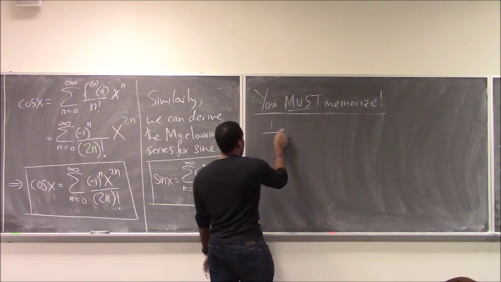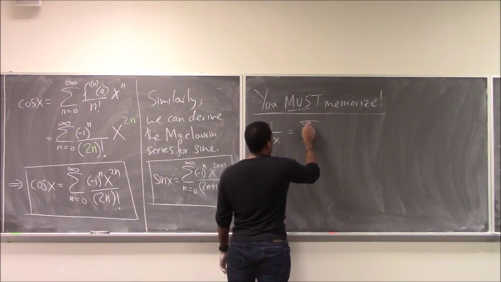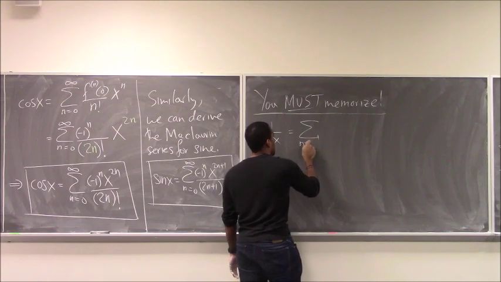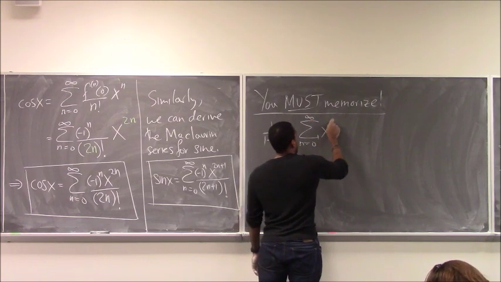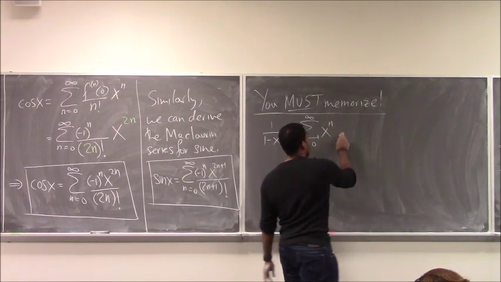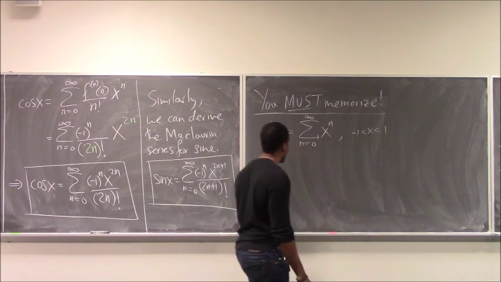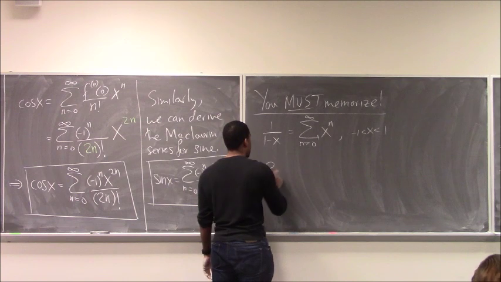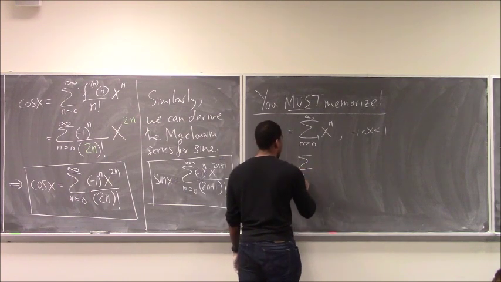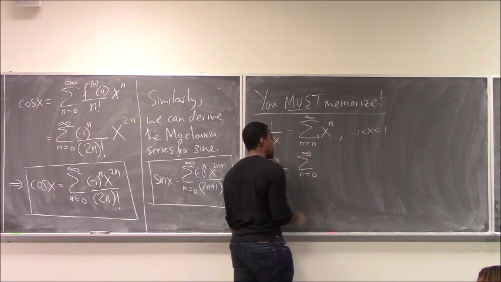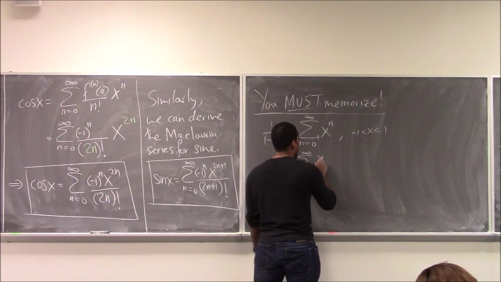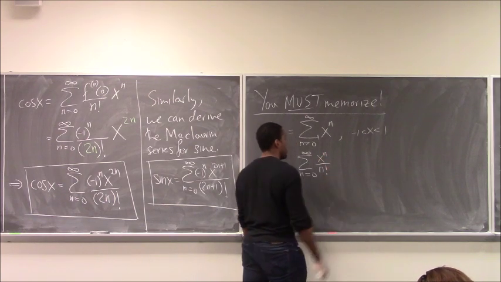So 1 over 1 minus x, you're expected to know that as a series. That looks like x to the n. You're also expected to know that it only works when your x is strictly between plus and minus 1. You should also know e to the x as a series, Maclaurin series specifically, but generally we think of it this way, is x to the n over n factorial.